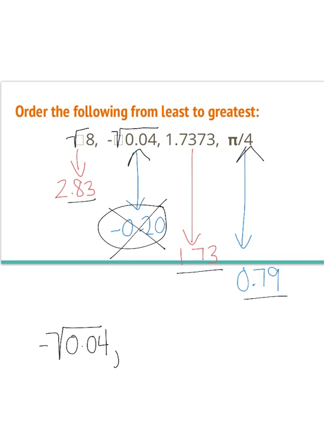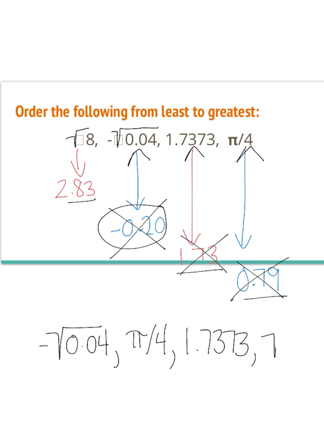So I'm going to look back up at the original form, and it was pi divided by 4 comes next. That one's done. Following that is my 1 73/100, but remember, original form. So it originally was 1.7373. That one's done, which leaves my square root of 8 as the biggest.